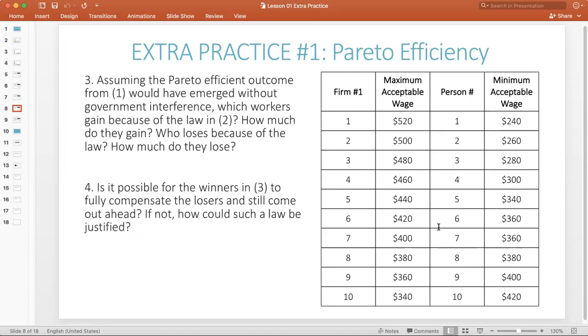But this law might require them to go somewhere else and find jobs that might only offer them their minimum acceptable wage. So essentially what they're losing is the difference between what they were making and their minimum acceptable wage. For worker number 4, they're losing $80 because that's 380 minus 300.